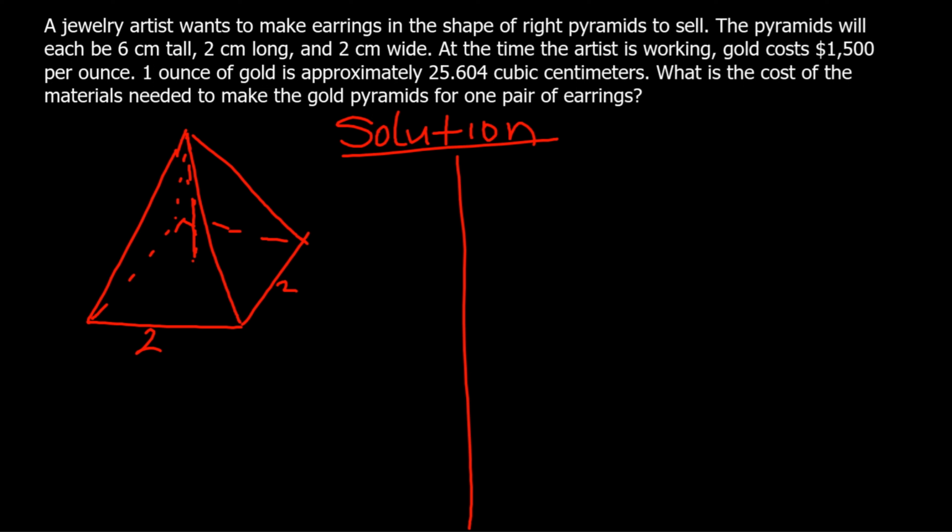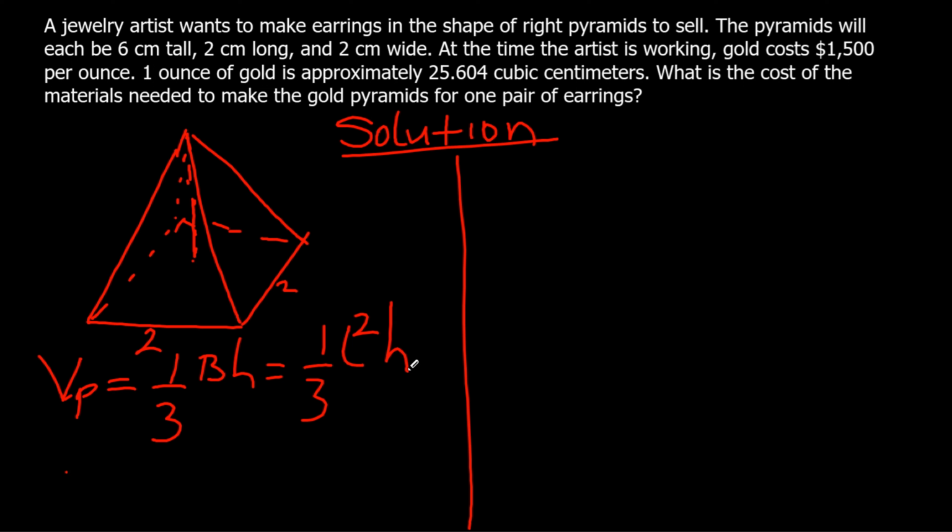We all know that the volume of a pyramid, I can call it VP, is equal to 1/3 the area of the base times the height. The area of the base is a square, so it's just the length squared times the height.